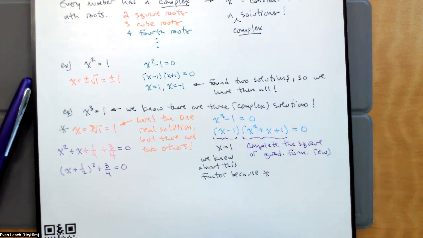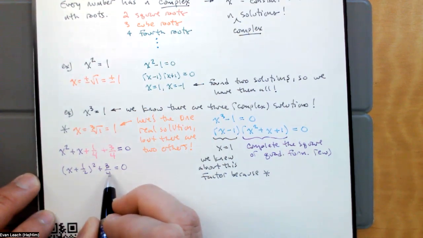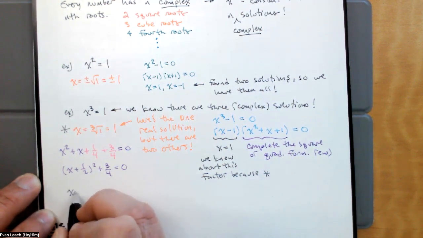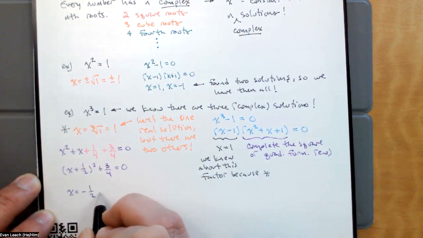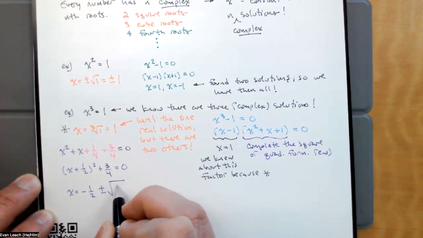Now we can solve by doing inverse operations in reverse order. So it'll look like subtract the 3/4, then the square root, and then subtract the 1/2. When we undo the square, we take a square root of both sides.